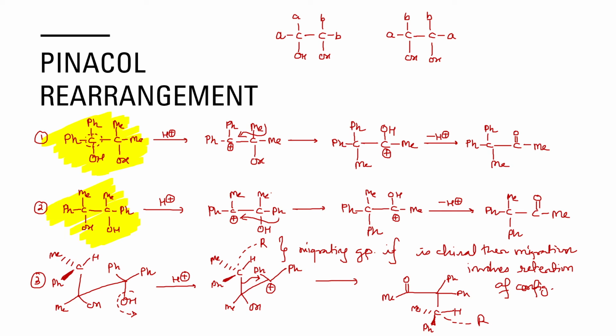Now, let's take a unique case. If I took this compound, suppose like this, a 4-membered ring, and there is a Ph over here, and there is OH. Another OH is here, and Ph is here.